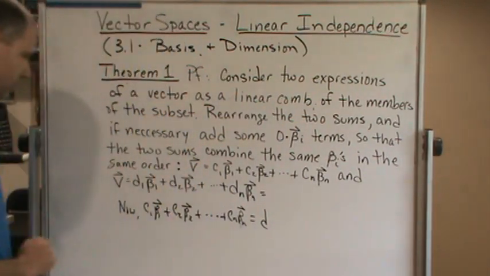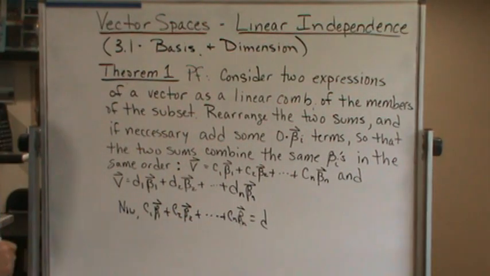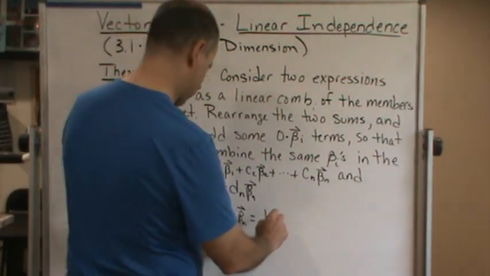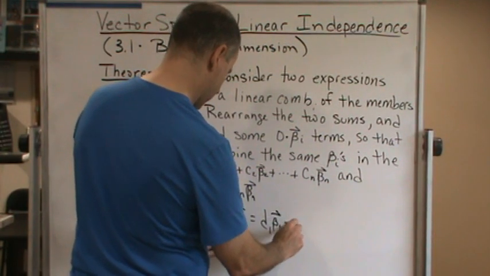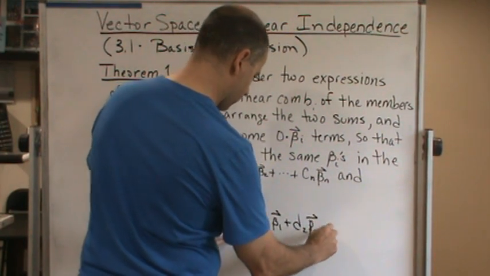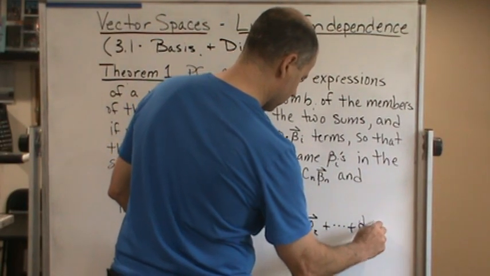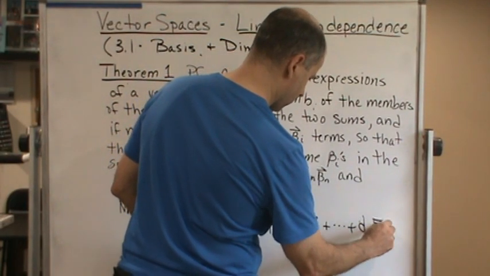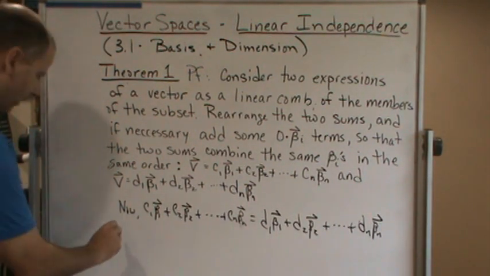Do I want the 0? No, I don't. So this here is equal to d1 beta 1 plus d2 beta 2 plus dot dot dot plus d sub n beta sub n. Okay, so now this is true if and only if what?